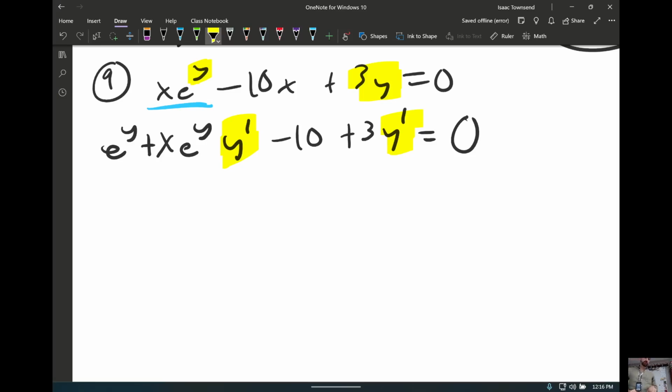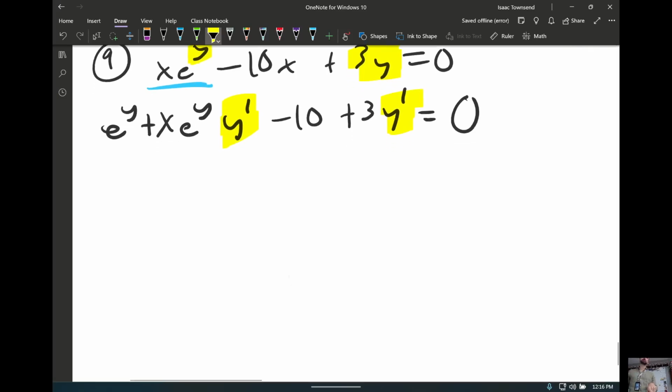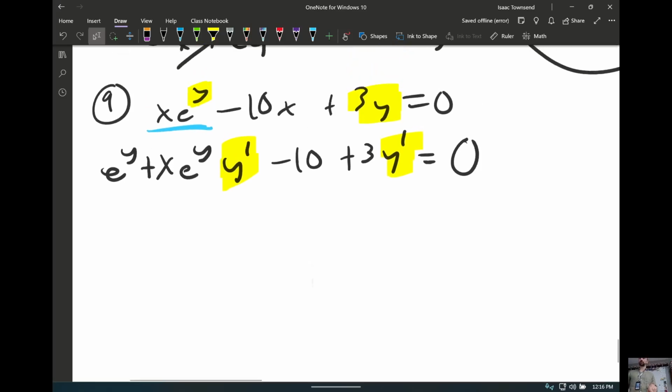Okay, now that you've all had time to look at 7, is anybody stuck on 7, need help with it? Not yet? Okay, I'll give you more time.